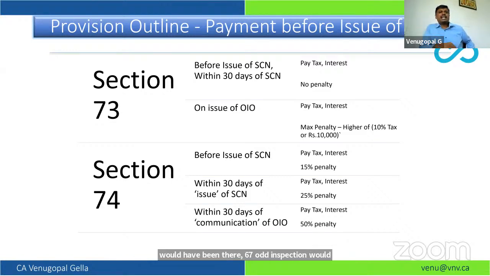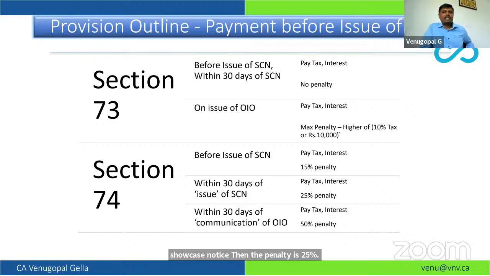Some events have happened which led to a belief that yes, this is a liability, let me pay it off. If you are paying before the show cause notice, then the penalty is only 15%, while if you are paying within 30 days of issue of the show cause notice, then the penalty is 25%.